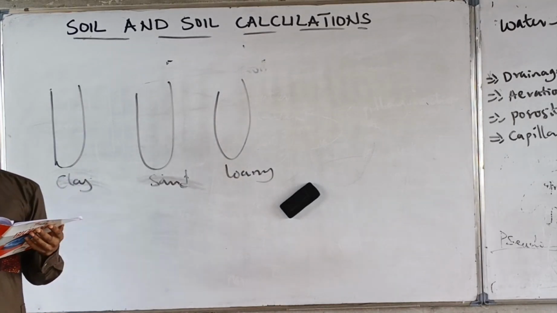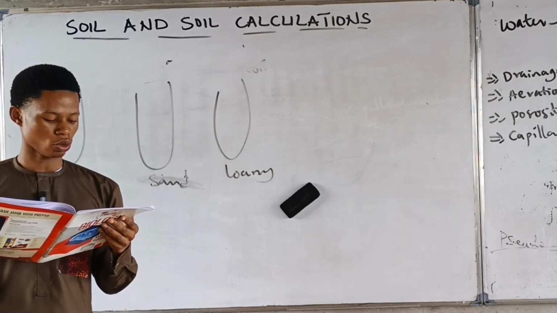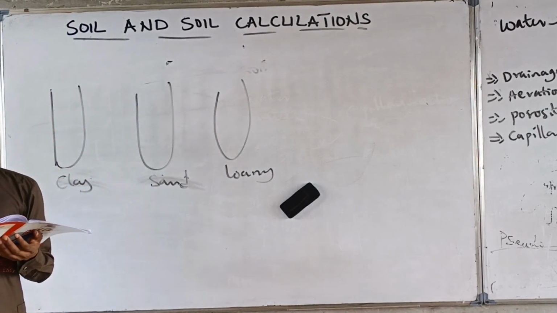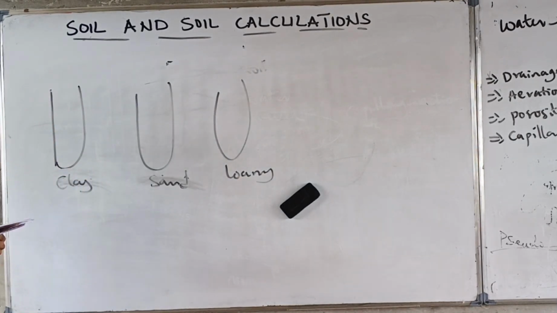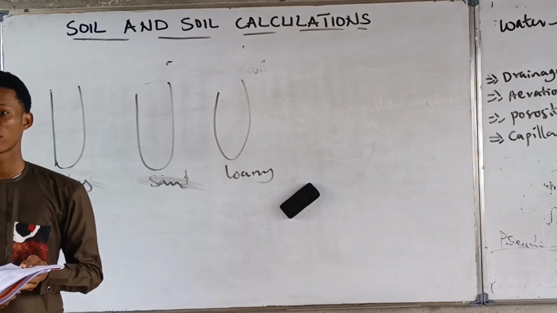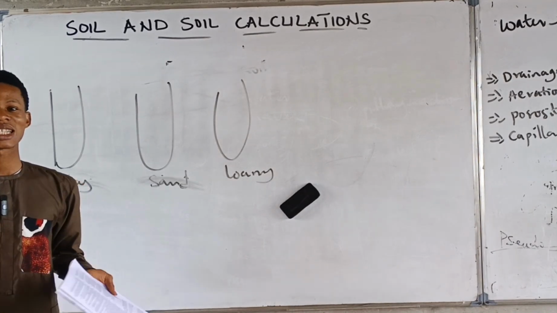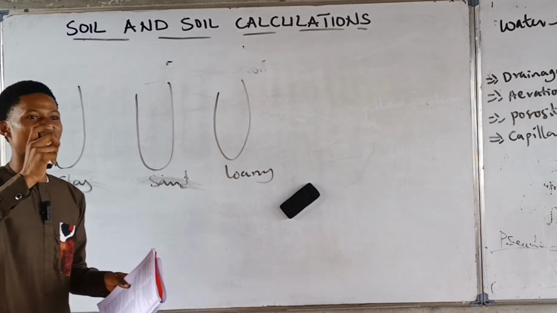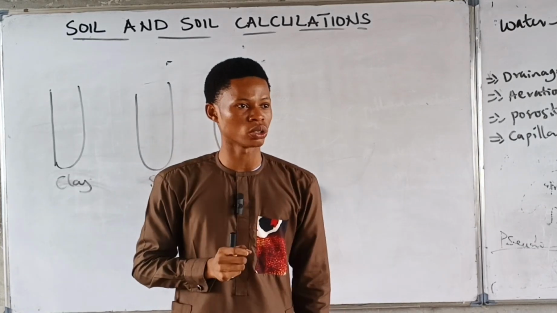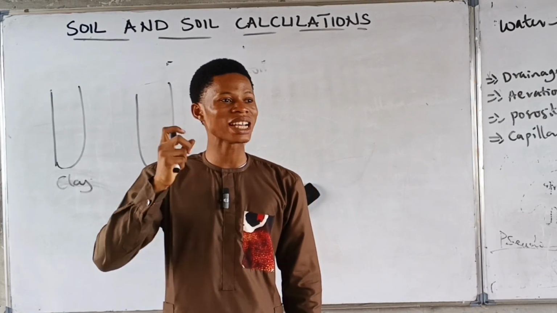From the first question we answered, you were supposed to get an idea of that. What is the correct answer? Sandy. Remember, sandy soil has the lowest capillary action. Clay soil has the highest capillary action.